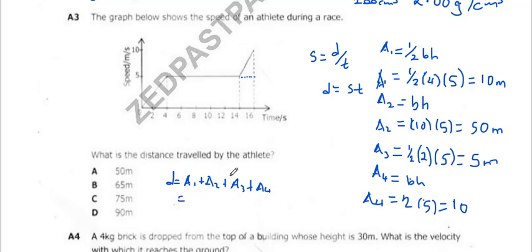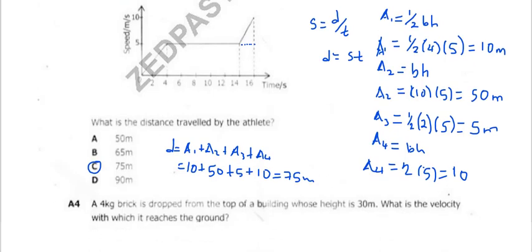So what is our area 1? Area 1 is 10 plus area 2 is 50, area 3 is 5, and area 4 is 10. And this gives us 75 meters. So therefore the correct answer for A3 is 75 meters, which is C.